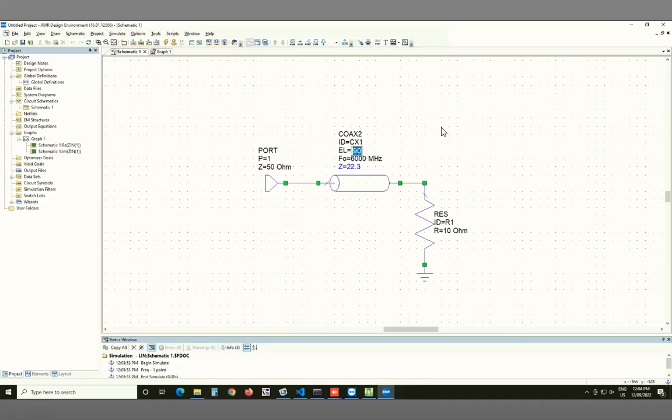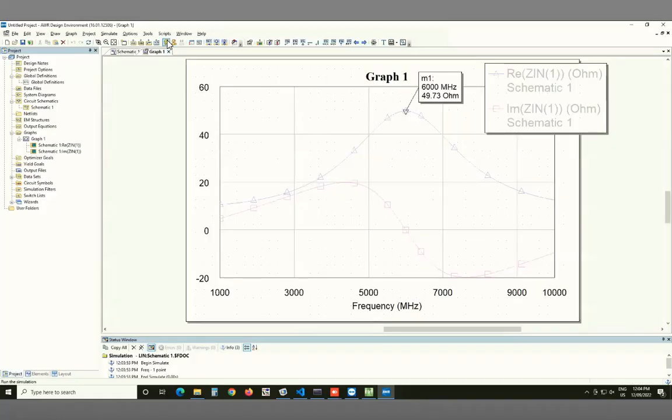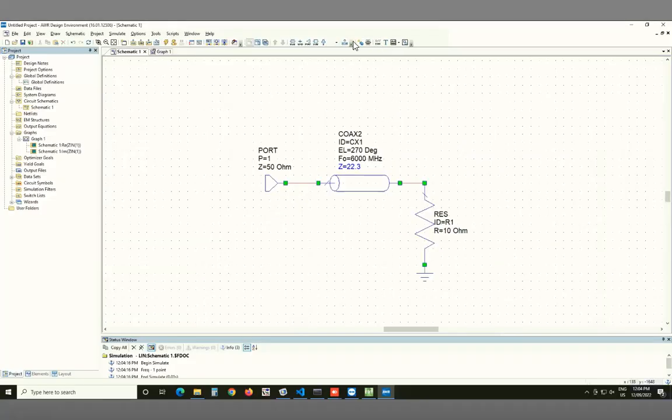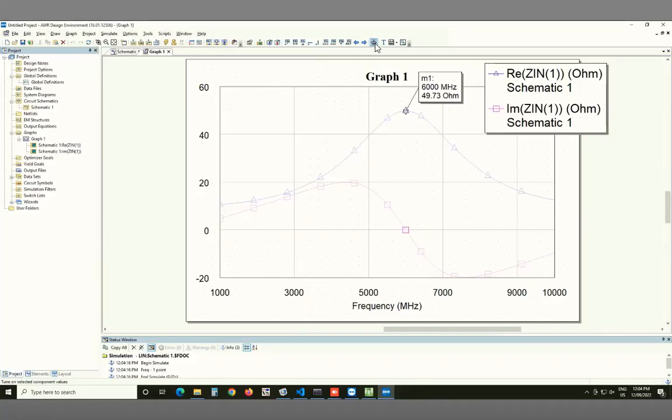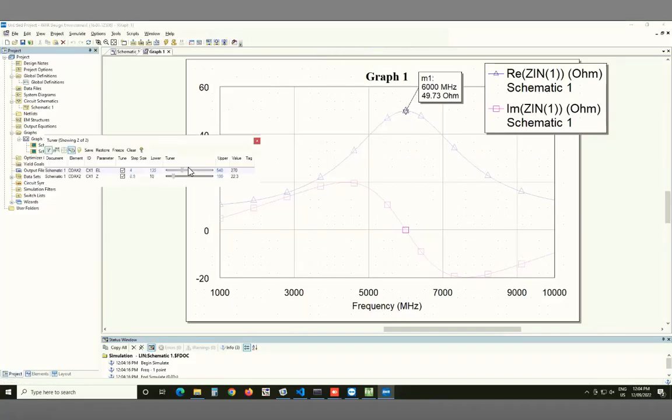So that's going to be how many degrees? I've run it. It's back there, right? Just to verify, let's tune it. See, it varies. And if I come to 270, it comes back exactly to this point.